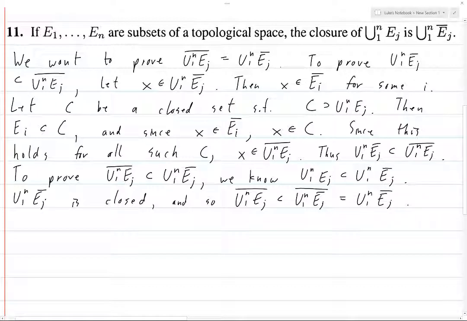Alright, so this is what we want. We want the closure of the unions is contained in the union of the closures. So hence, now that we've got inclusion in both directions, we can conclude that the closure of the union is equal to the union of the closures, and that's what we wanted to prove, and so we're done with the exercise.